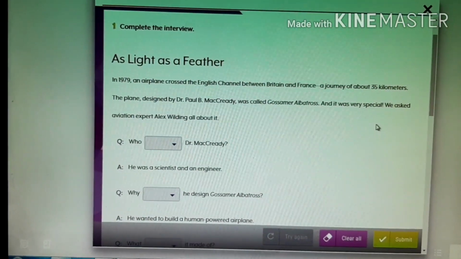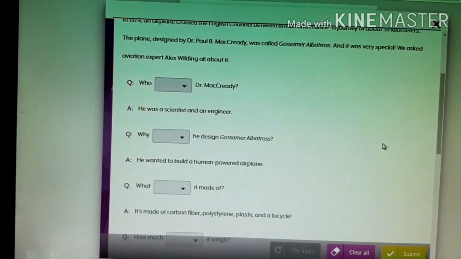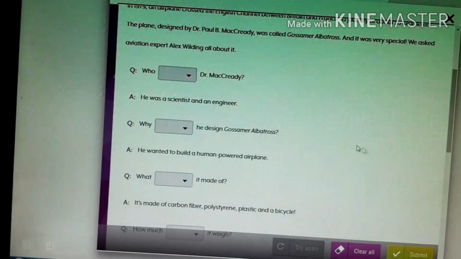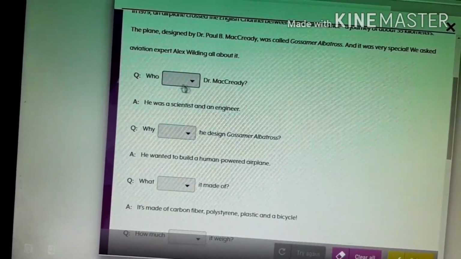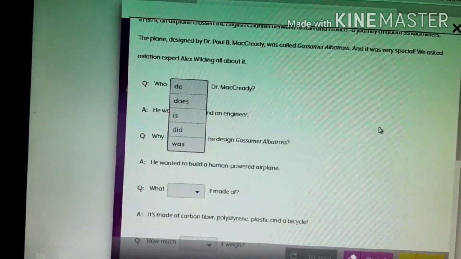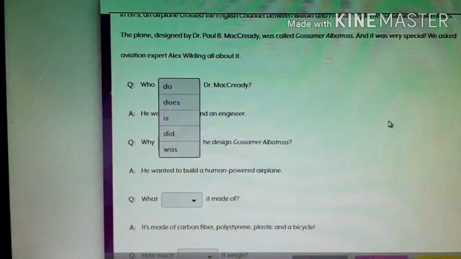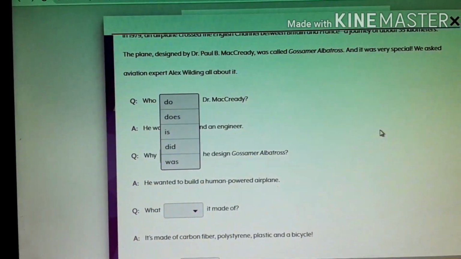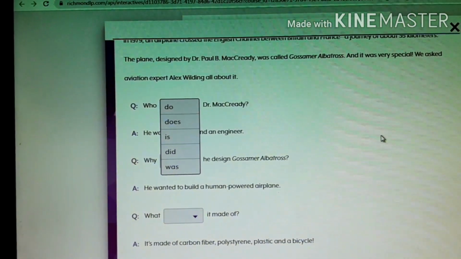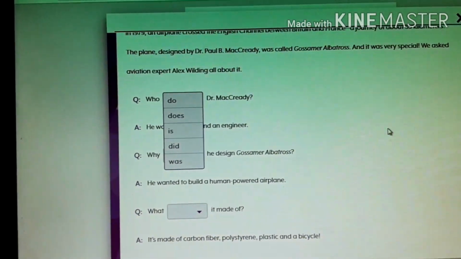Now we are gonna complete the questions that you have there. Here we have who, and we have some options. In your case, you are gonna pay attention to the word that I'm gonna choose.